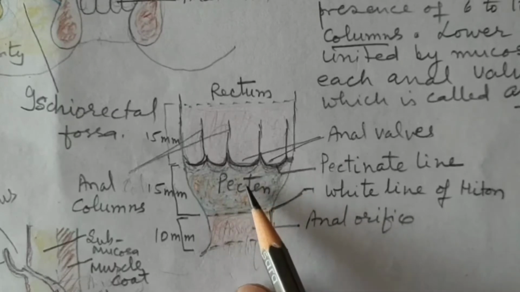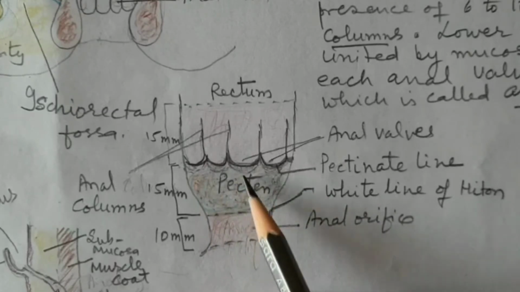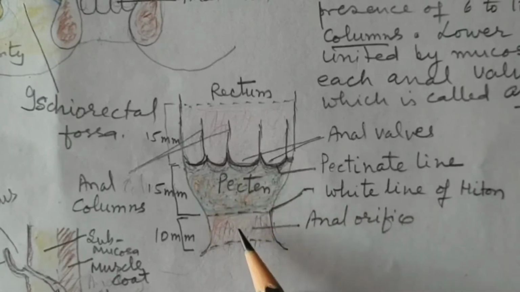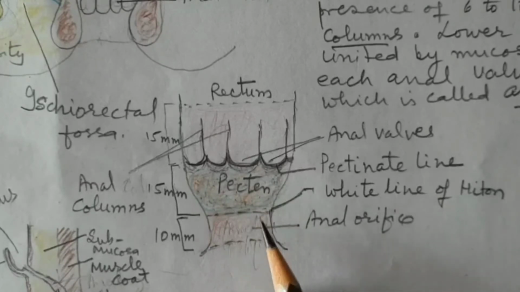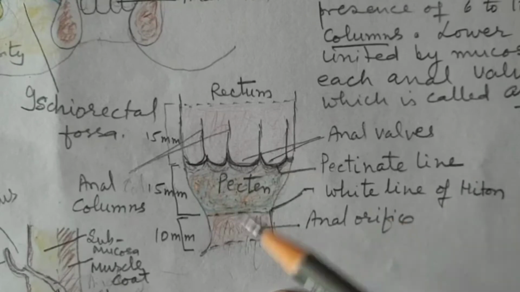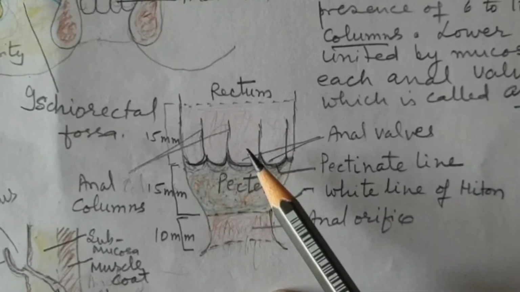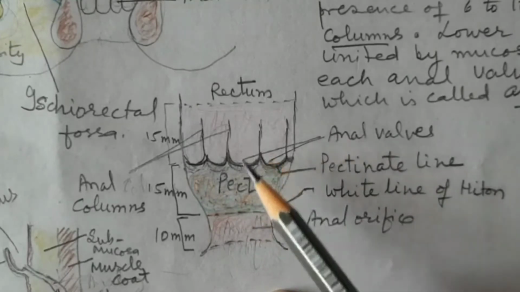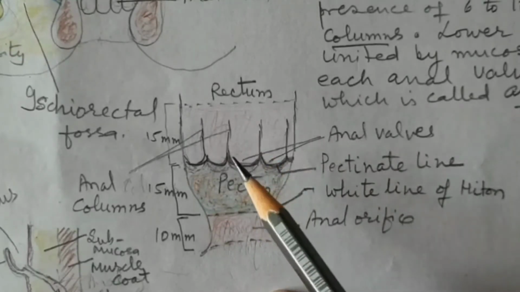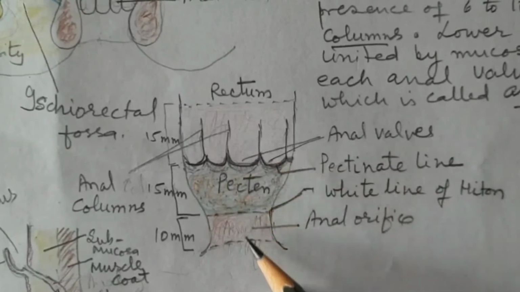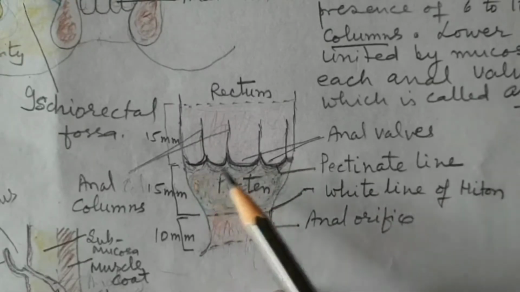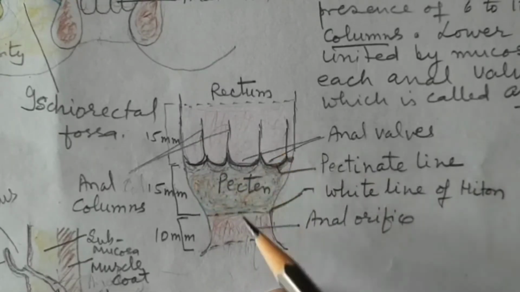Now this lower 35 millimeter part is divided into upper and lower regions. Some books mention that the anal canal is divided into three parts, upper, middle and lower, but here we prefer two parts only, upper part and lower part.